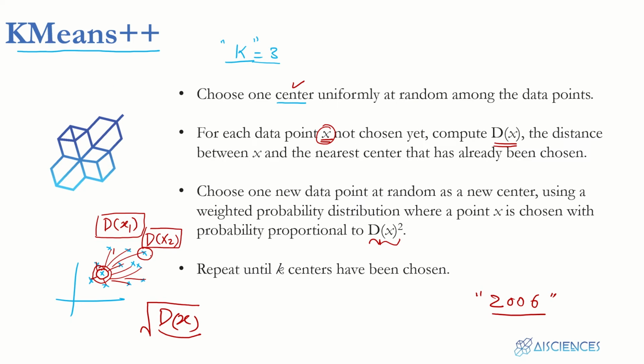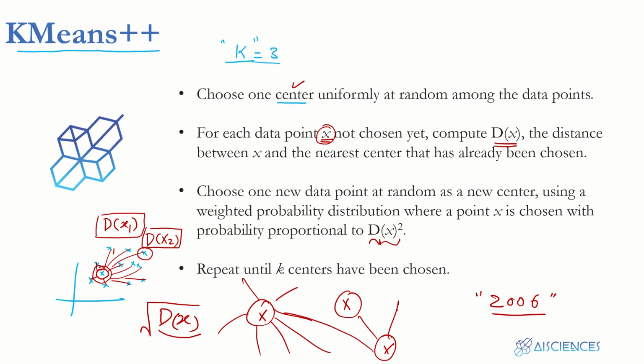But the real idea to memorize is the following. You pick the initial point randomly, then you pick another point according to the probability distribution based on the distances from the already chosen point. Then you pick another point: you compute the distance of this point from all chosen points that are already centroids, and build a probability distribution based on the distance, which in simple words is the following.